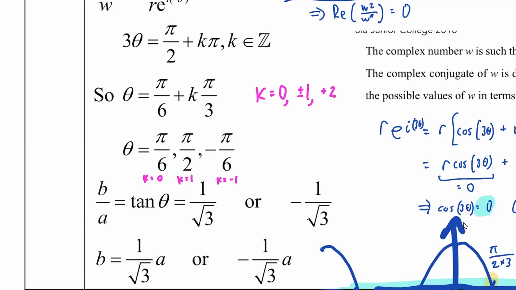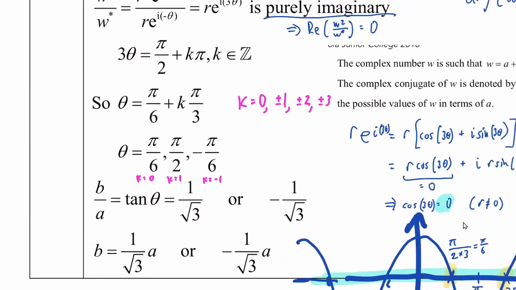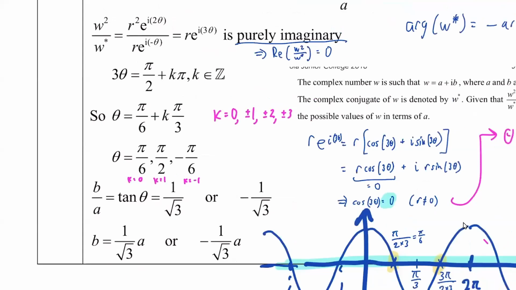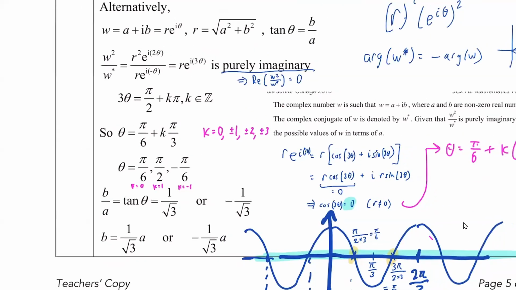Then you choose +2. Then you choose -2. Then you choose +3. Then you choose -3. Depending on how many solutions you need. Here, we need 3. Why? Because we started off with 3 theta. You are quite likely to have 3 solutions when you have 3 theta. That's the usual pattern.